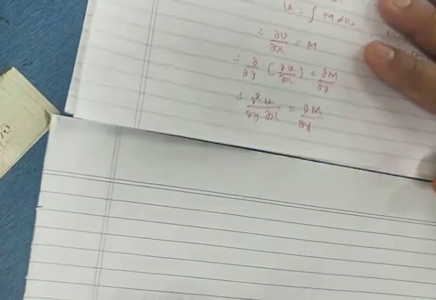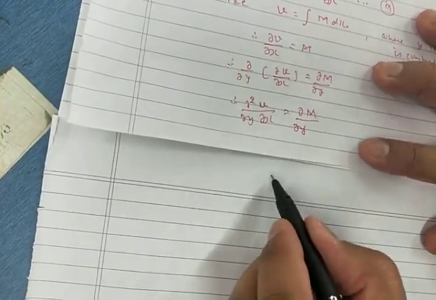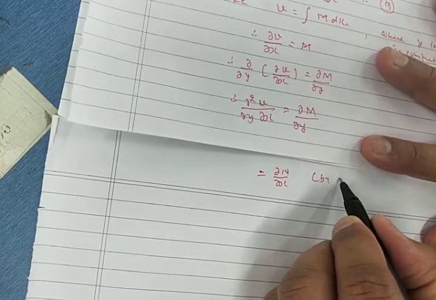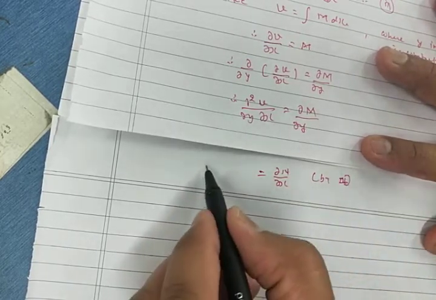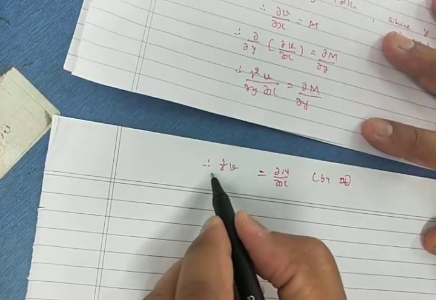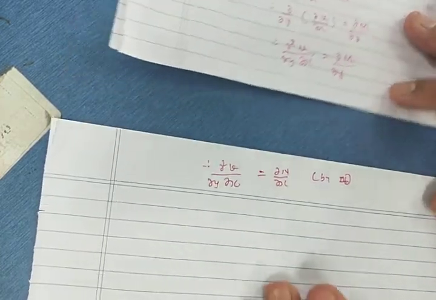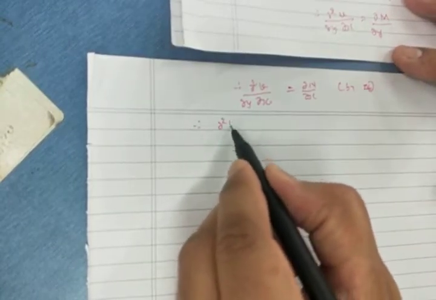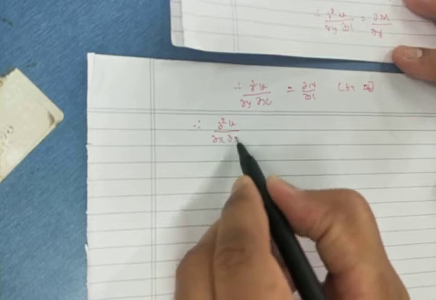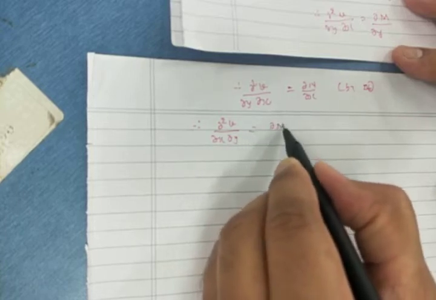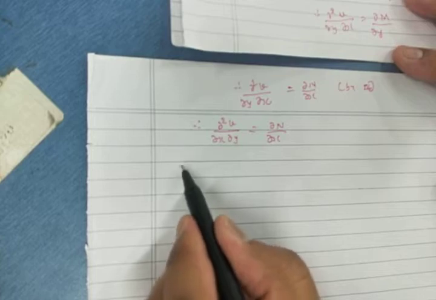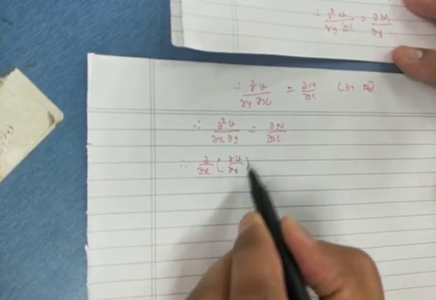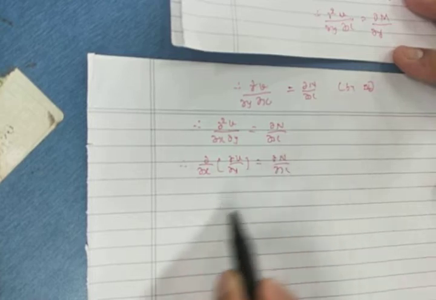But we know that del m by del y is equal to del n by del x, that is by 3. So del square v del y del x is equal to this one, and therefore del square v del x del y, because mixed derivatives are the same, is del n by del x, and therefore del by del x of del v by del y is equal to del n by del x.